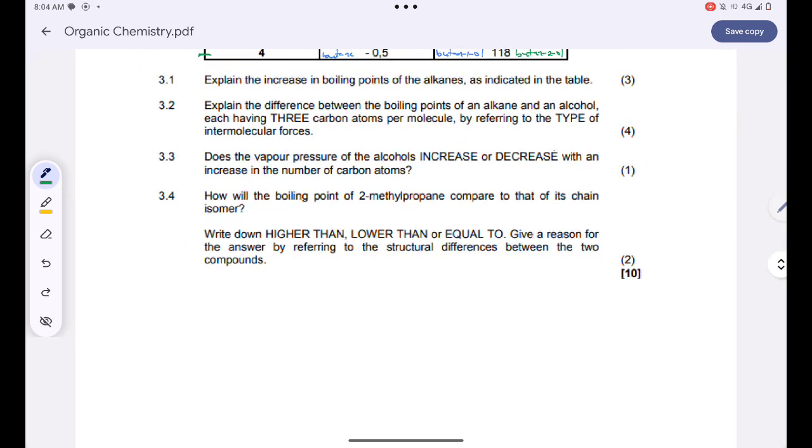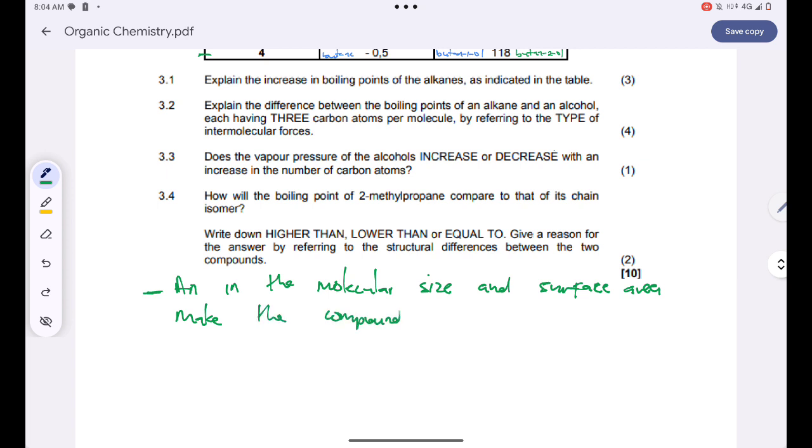So whenever you answer, you can simply say that an increase in the molecular size and the surface area makes the compound to have stronger intermolecular forces. Are you together?